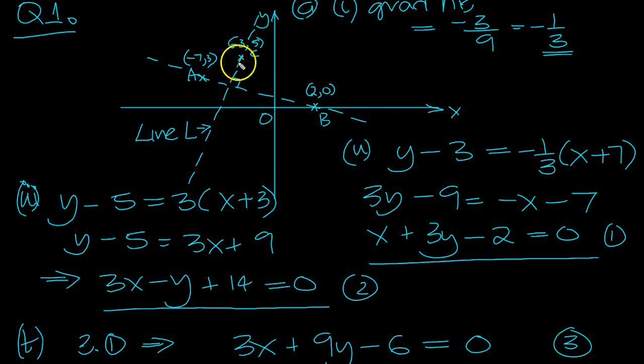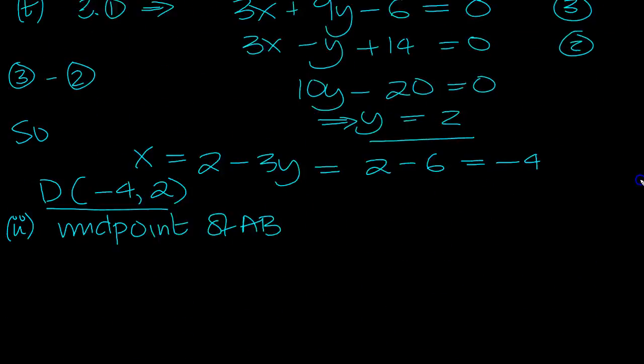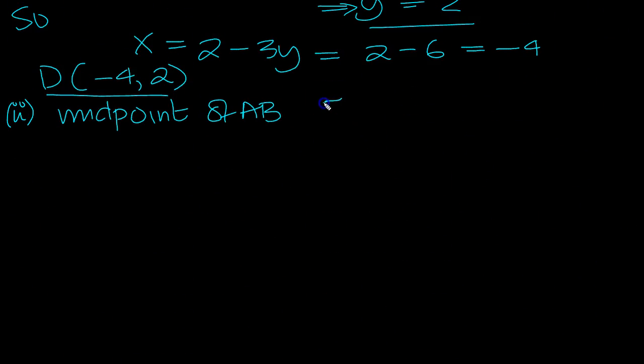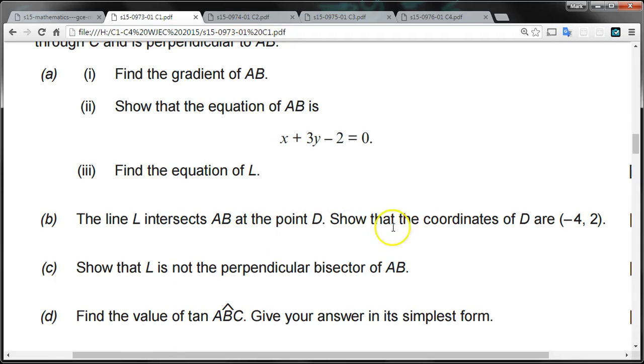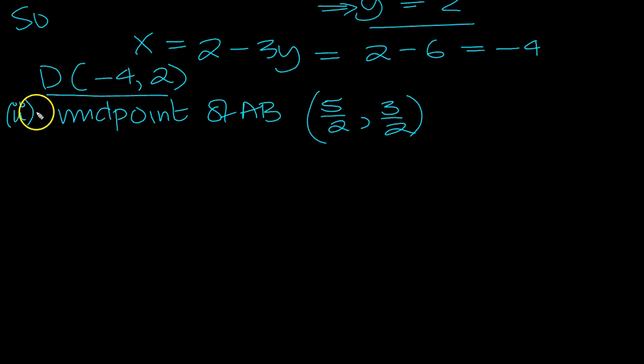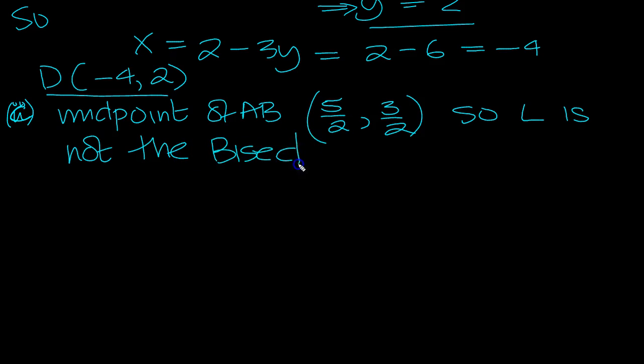So it's 5 over 2 and 3 over 2. And that is not the point D. That is not the bisector.